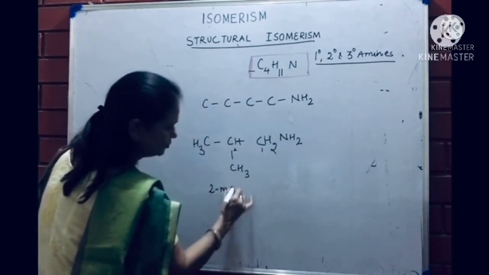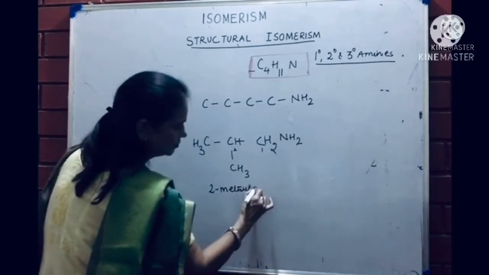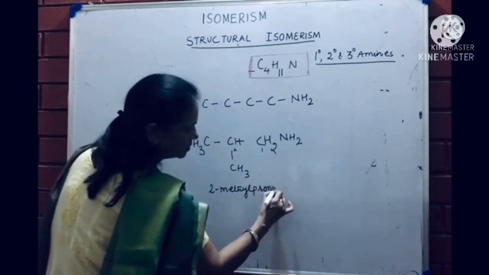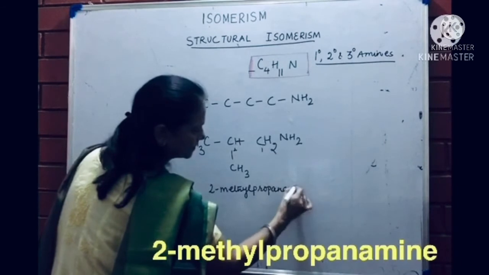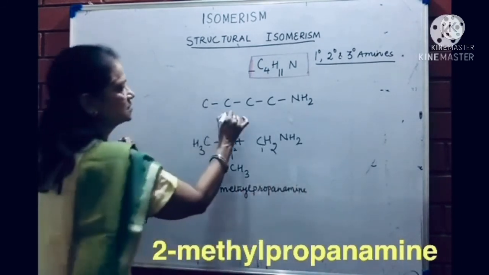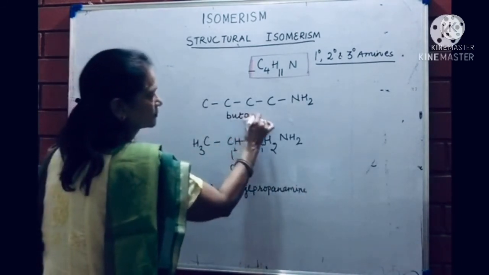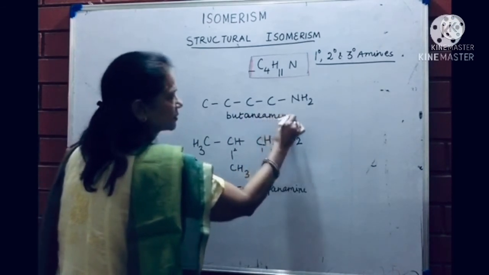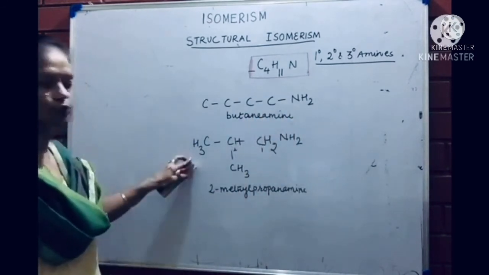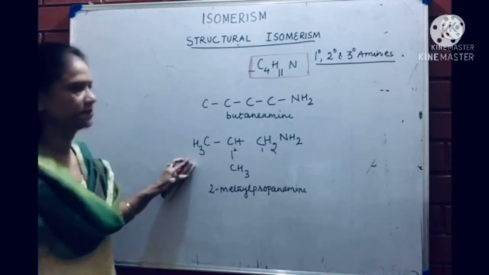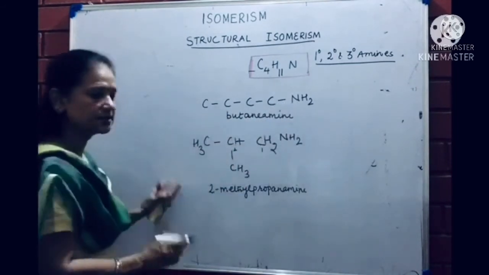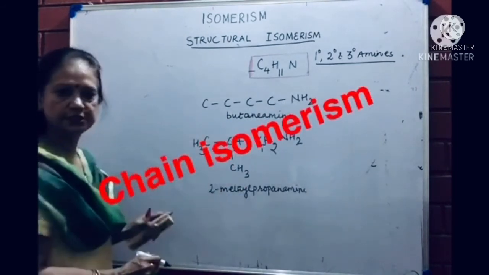So 2-methyl propanamine. This was butanamine. So between these two we will say it is chain isomerism. The functional group is at the same place but the chain has changed, right?